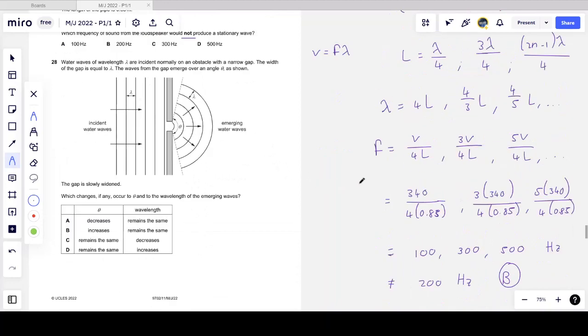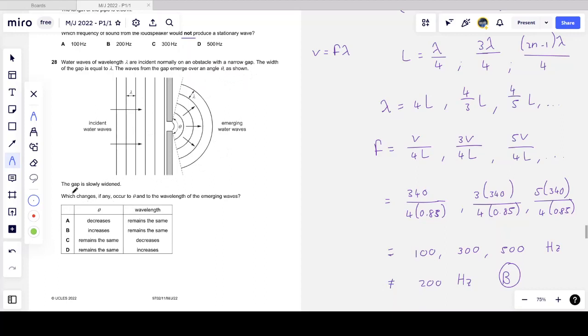Okay. Question 28 says water waves of wavelength lambda incident normally on an obstacle with a narrow gap. The width of the gap is equal to lambda, and the waves from the gap emerge over an angle theta as shown. The gap is slowly widened.